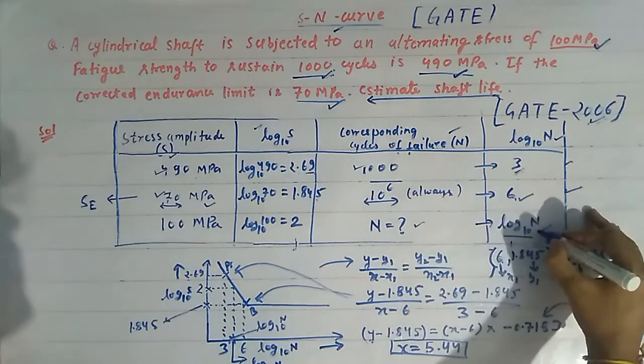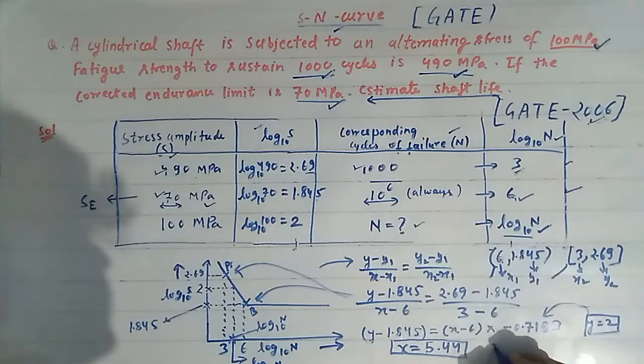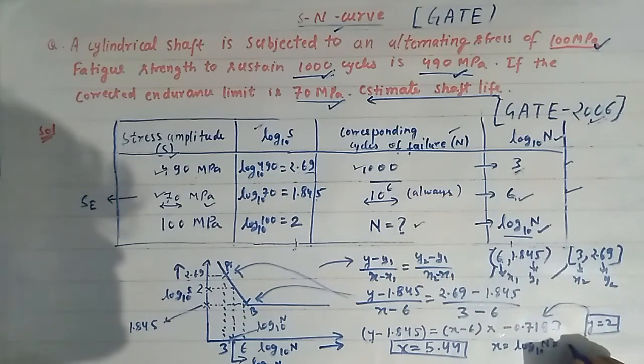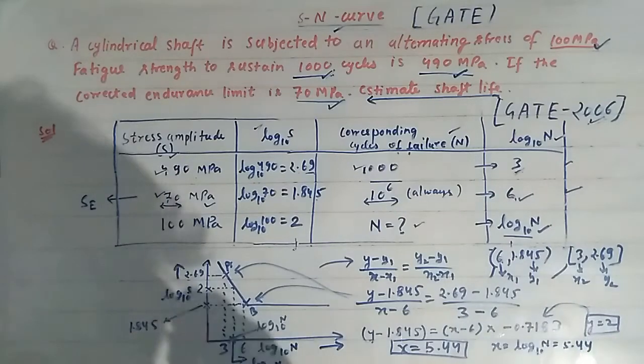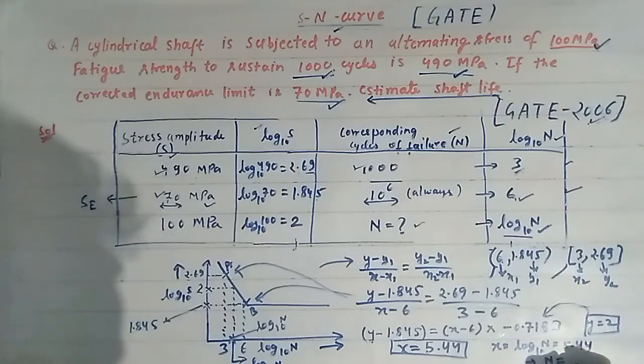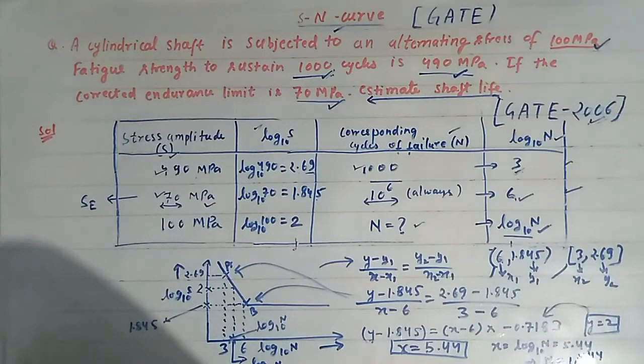Now this value of x corresponds to this point, that is log10 n, this value. So I am putting x is equal to log10 n is equal to 5.44, and when we take the anti-log, the value of n will come out to be 10 raised to power 5.44. I am calculating here the value of n because space is limited here.